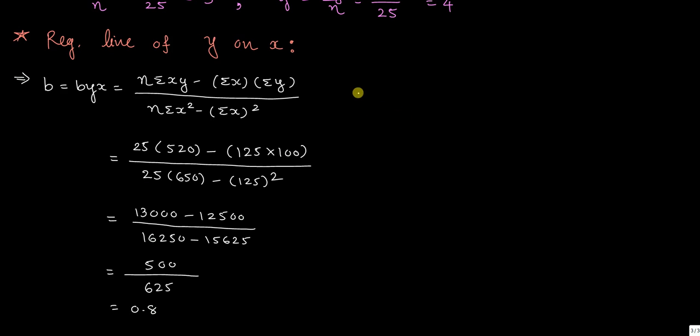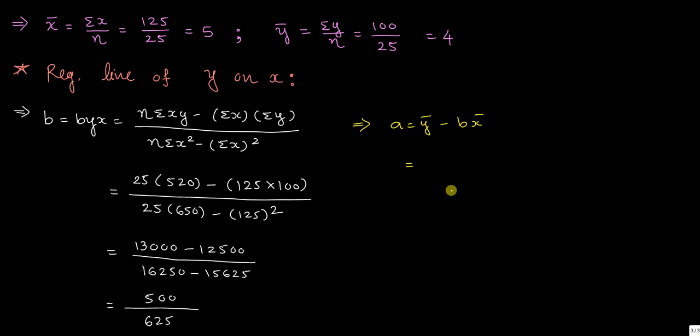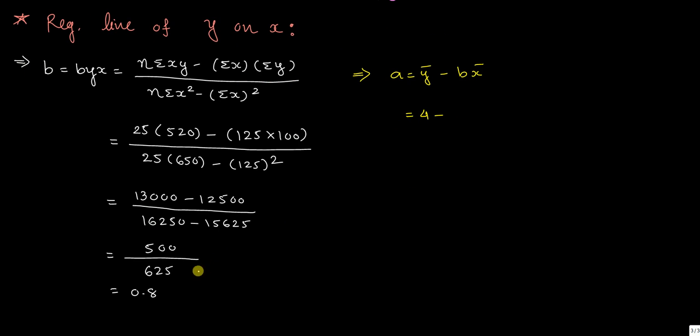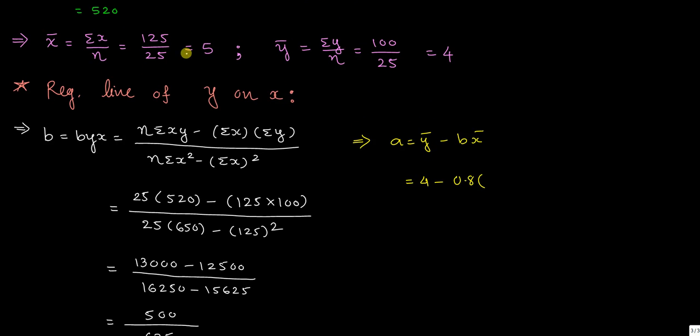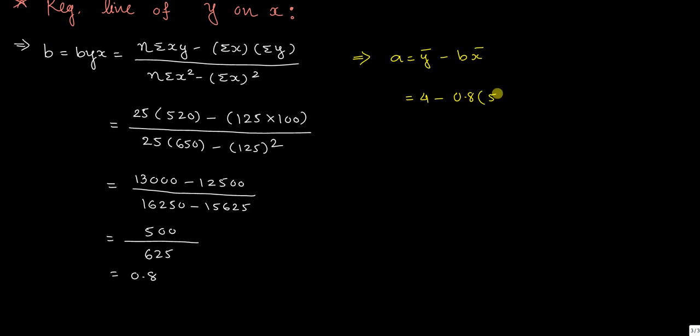Now find out a. A equals to y bar minus b x bar. So y bar, અહીંયા જે આપણે મેળવેલું છે, y bar equals to 4 minus b equal to 0.8 into x bar equal to 5. Okay, so 4 minus 8 5s are 40. It is equal to 4. 4 minus 4 equal to 0. Okay, chalo to a equal to 0.